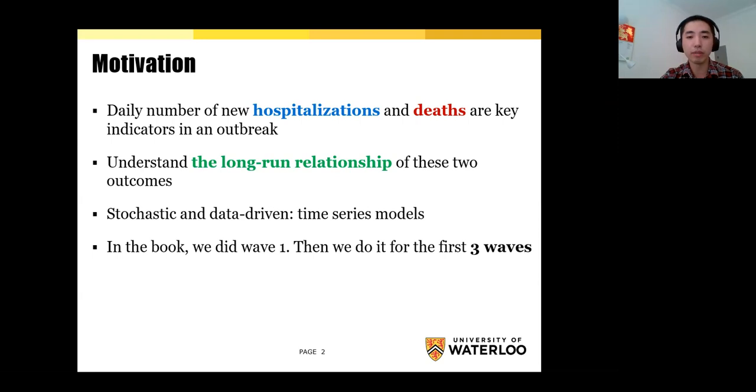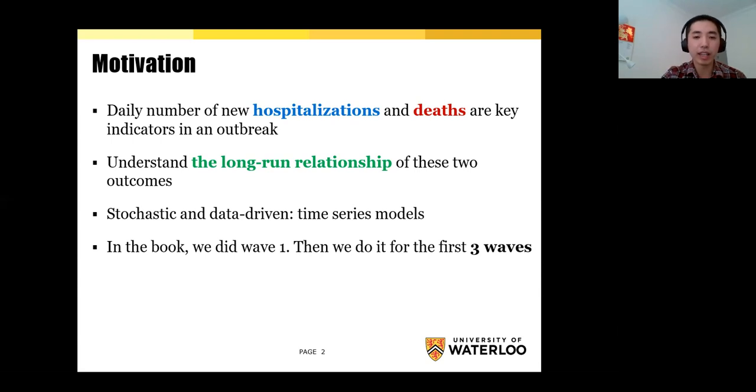And from the data-driven approach, one of the methods is called time series models. These models have been used extensively in other areas such as engineering, finance, as well as epidemiology or biostatistics.